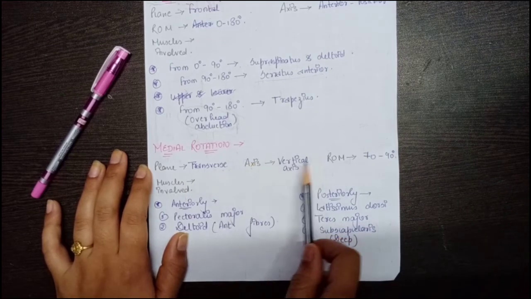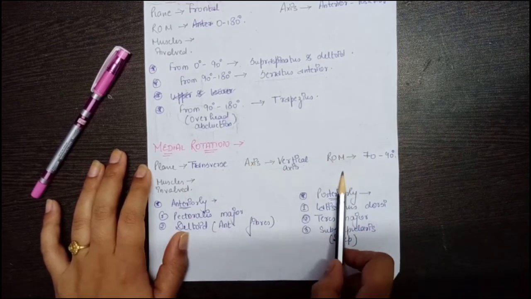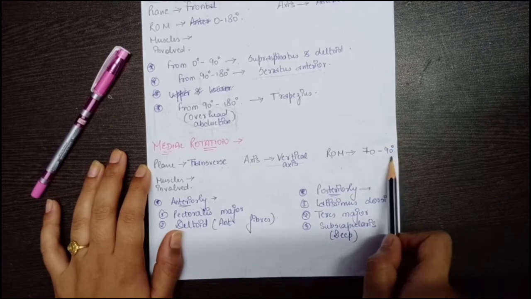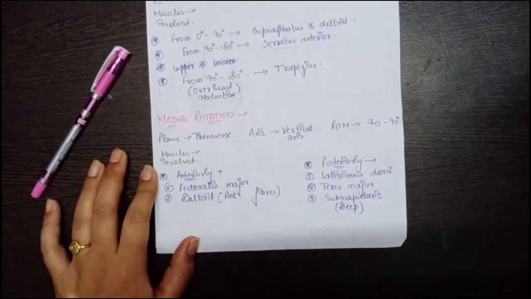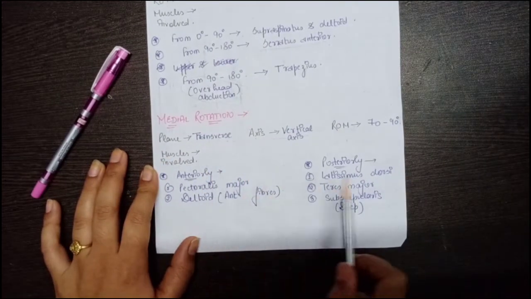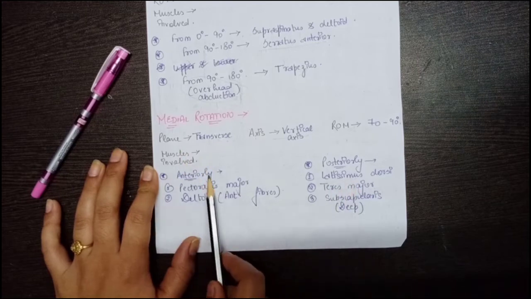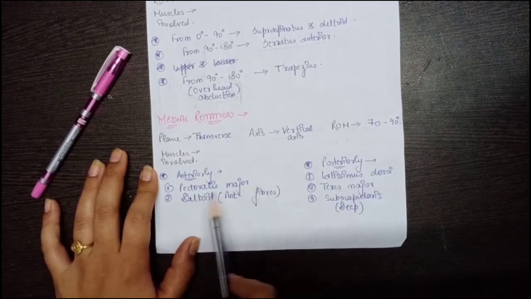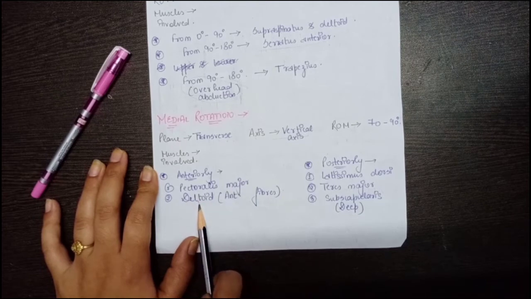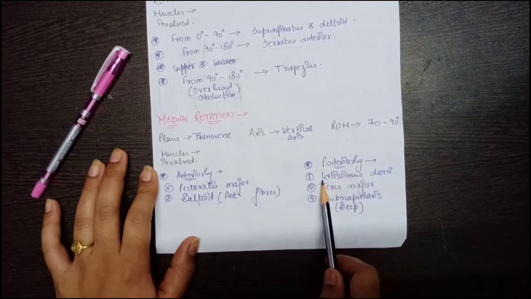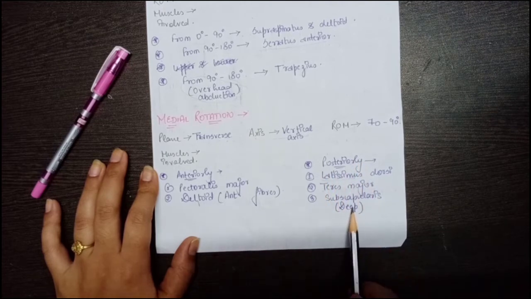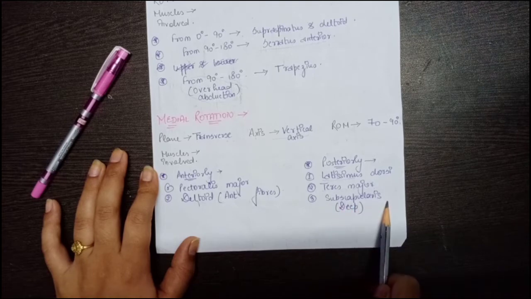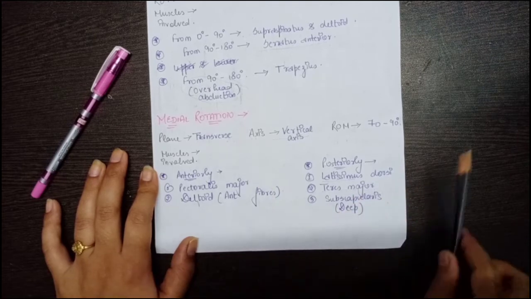The axis is the vertical axis, and the range of motion is 70 degree to 90 degree. Now muscles involved here are also in two compartments. In the anterior compartment, pectoralis major and anterior fibers of deltoid act to perform the medial rotation, and posteriorly you have the latissimus dorsi, the teres major, and the deep part of subscapularis muscle performing the medial rotation.